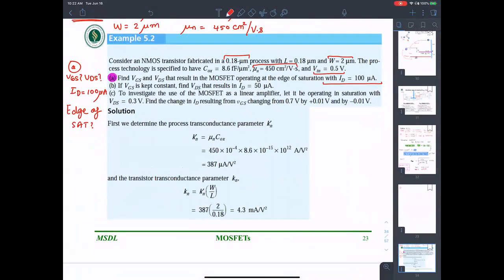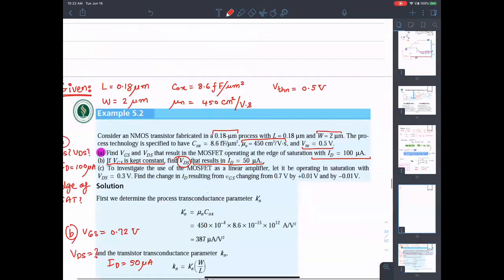If VGS is kept constant, so VGS is going to be 0.72 volts, find VDS that results in ID of 50 microamperes. So what's the value of VDS that results in ID equals 50 microamperes?